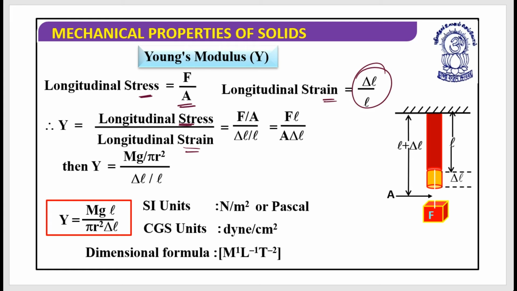The longitudinal stress is given as F by A, and the longitudinal strain is given as delta L by L. If I take the ratio of this, it can be written as Y equals FL by A delta L.